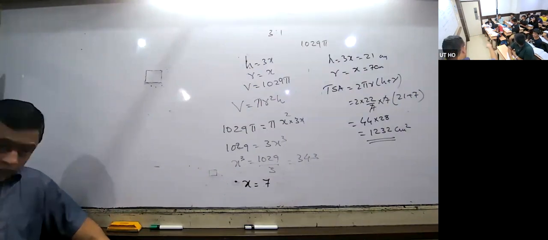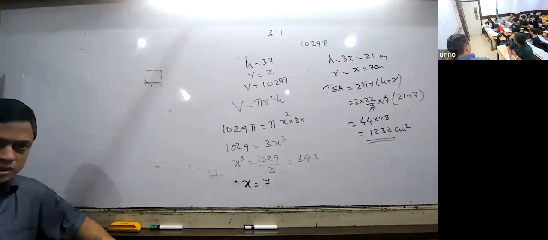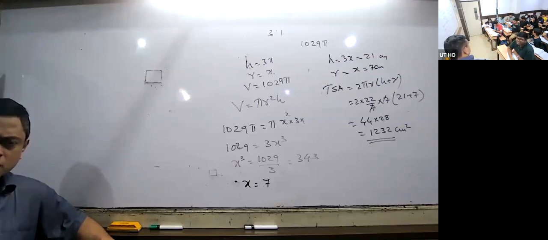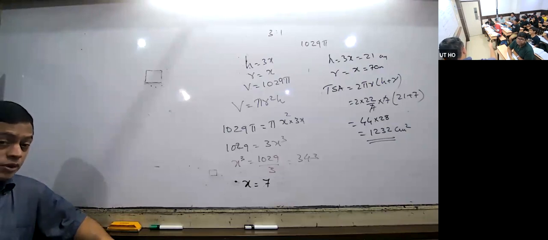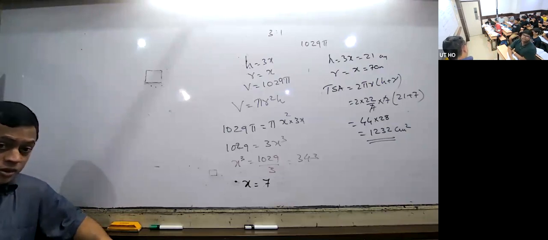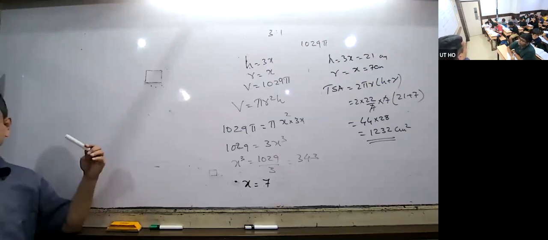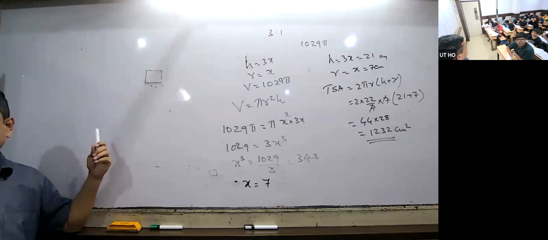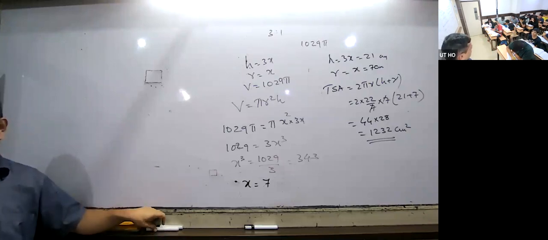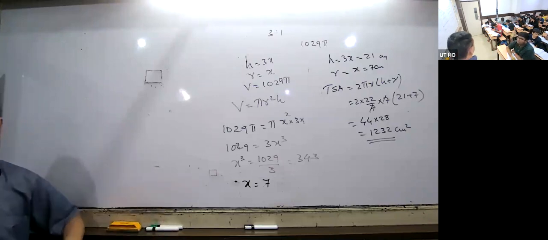Read the question. Find the volume of the largest cylinder formed on a rectangular piece of paper 20 centimeter by 15 centimeter, if it is rolled along its length.